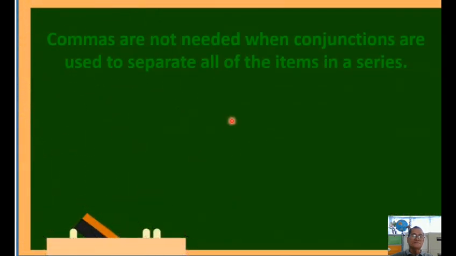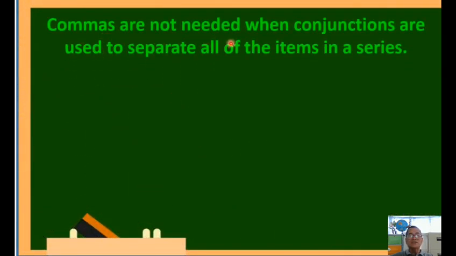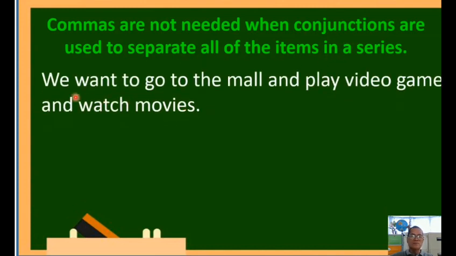Next. Commas are not needed when conjunctions are used to separate all of the items in a series. Ang comma raw ay hindi kailangan kapag gumamit tayo ng conjunctions sa pagdudulay yung mga items sa series. Example, we want to go to the mall and play video games and watch movies.